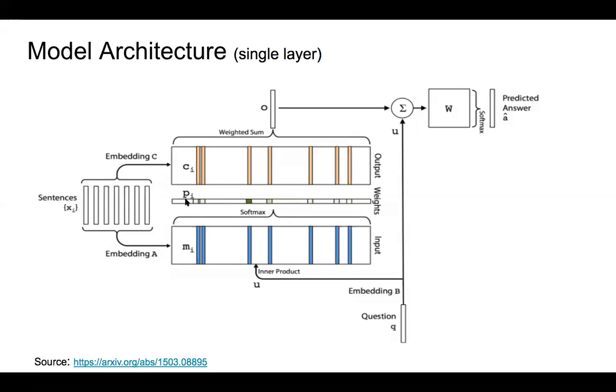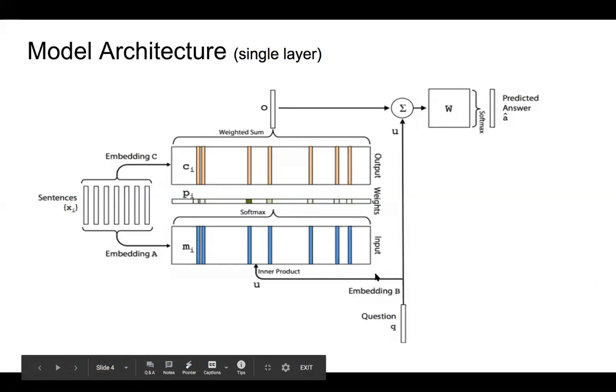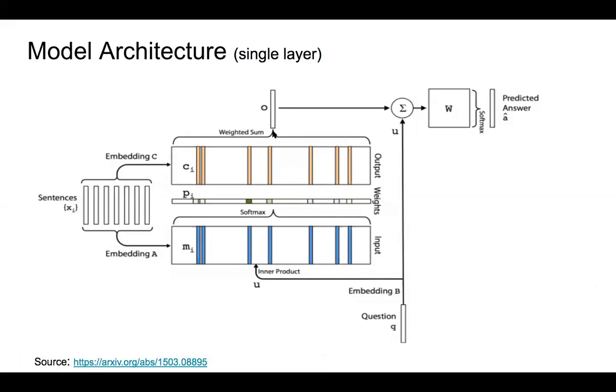Those are your probability weights. Then in the next step, it calculates the output vector. The output vector is calculated by doing a weighted sum between Ci and Pi. So it'll be C1 times P1 plus all the way to Cn times Pn. And the final output will be a sum of your initial query vector and the output from here.